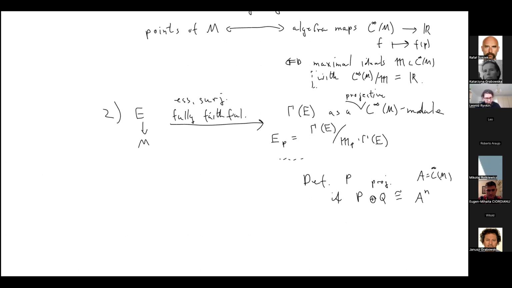So probably finitely generated, yeah. For me, the definition of projective includes that it's finitely generated. If you want to allow infinity in place of the n here, then I would add finitely generated.